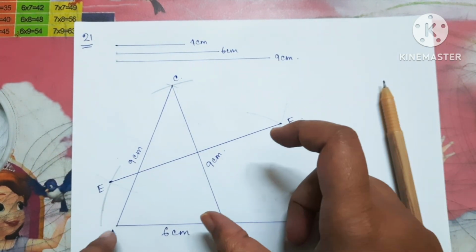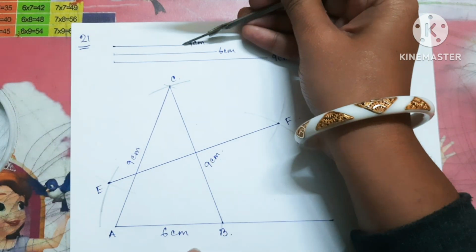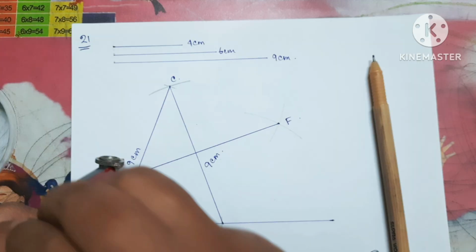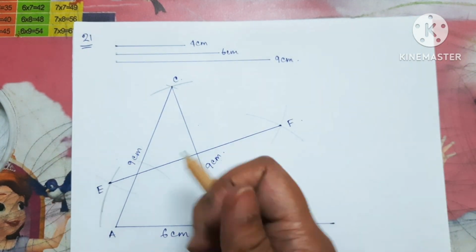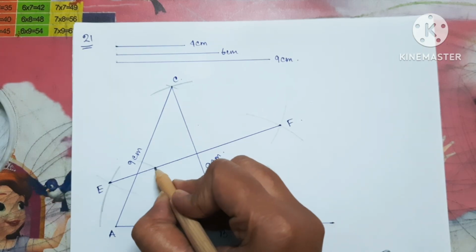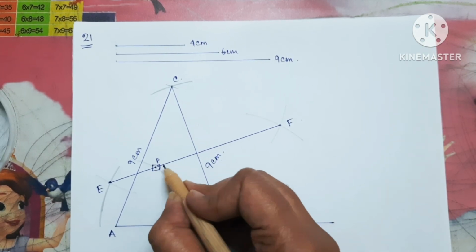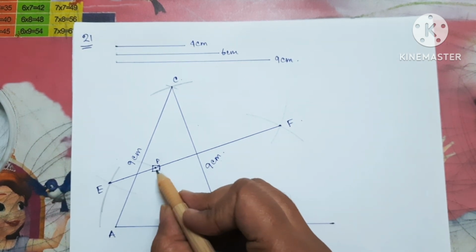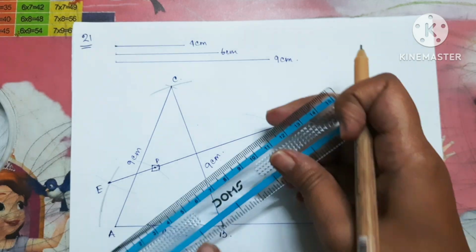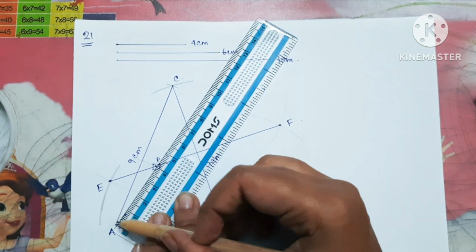So this is the perpendicular bisector of BC, and you can rename it as EF. Now you have to find a point which is 4 centimeter from A. So you just take this distance, put it here, and cut this arc. It intersects the straight line EF at point P, and this is the required point. You can measure this distance, it is 4 centimeter.